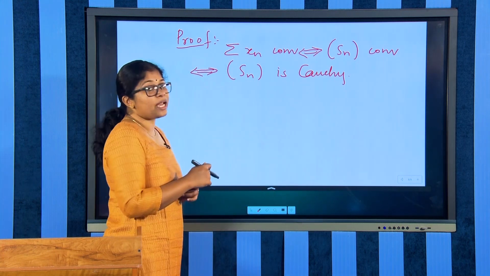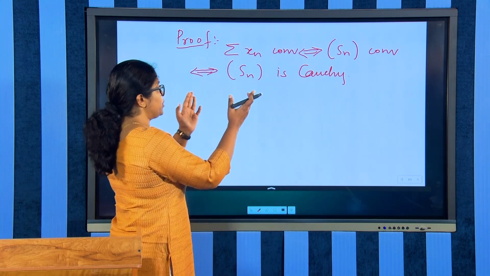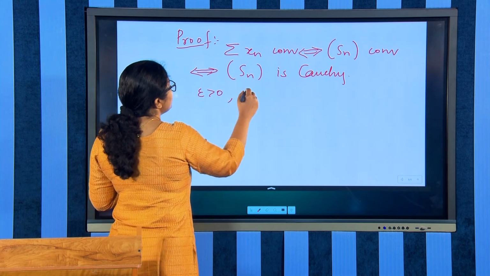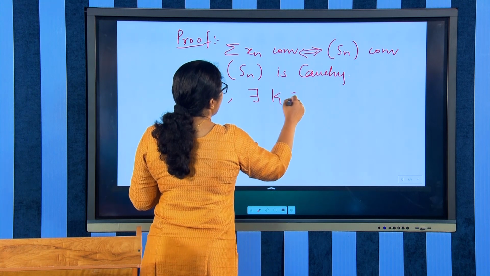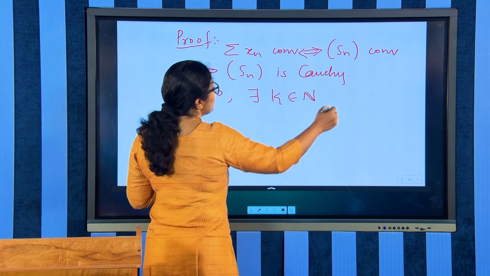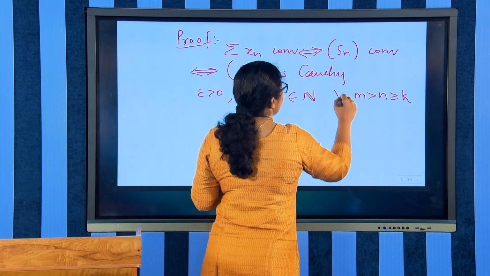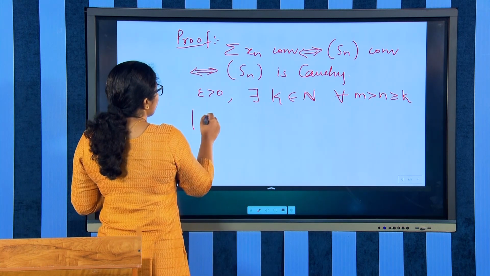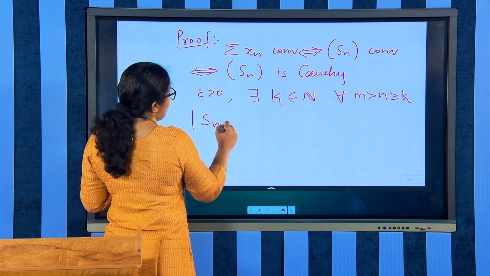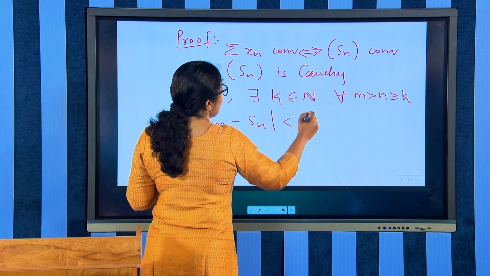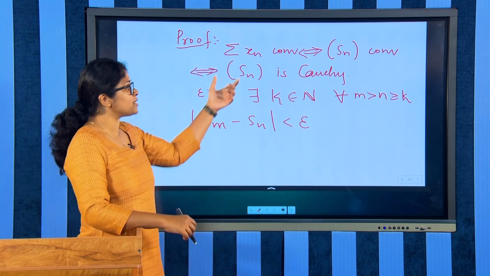Now, what is the definition of a Cauchy sequence? Given epsilon greater than 0, there exists a natural number k such that for every m greater than n greater than or equal to k, modulus of Sm minus Sn is less than epsilon, because the sequence Sn is Cauchy.